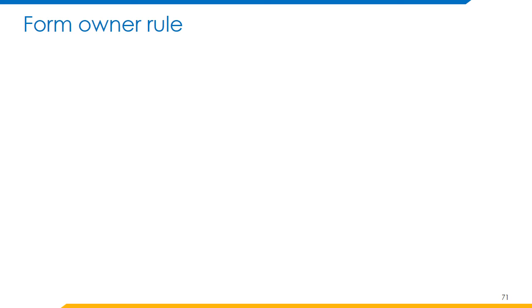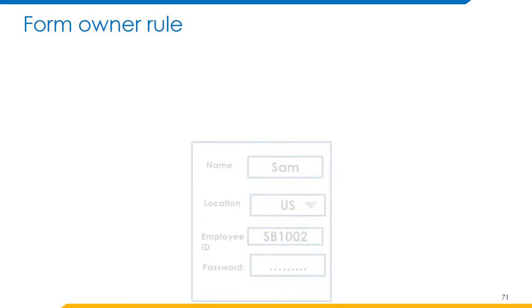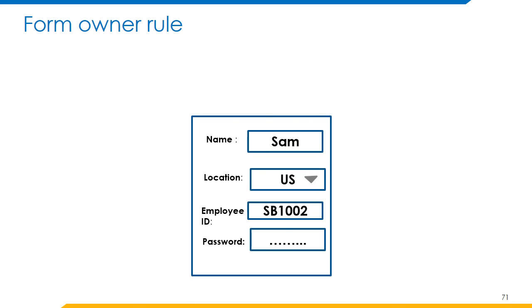Form owner rule. The form owner is the identity to whom the current form is going to be submitted for completion. This rule helps us customize the way in which we find the owner of the form. The exact inputs to this rule are determined depending on the context in which it shall be used.